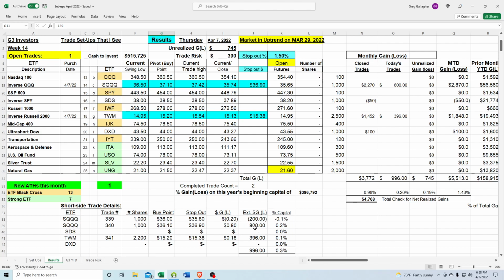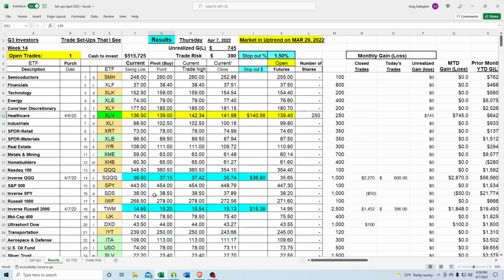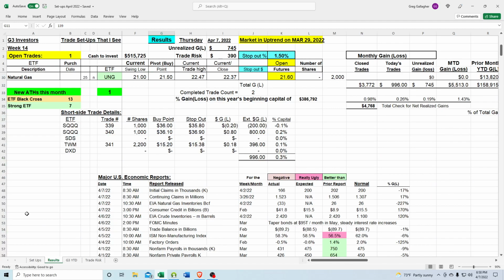And we made $800 the second time around. Now on TWM, we got in at 15.20, about the same time, and it made 396 and never came back. The reason I've got this down here for the short side details is because I will trade.